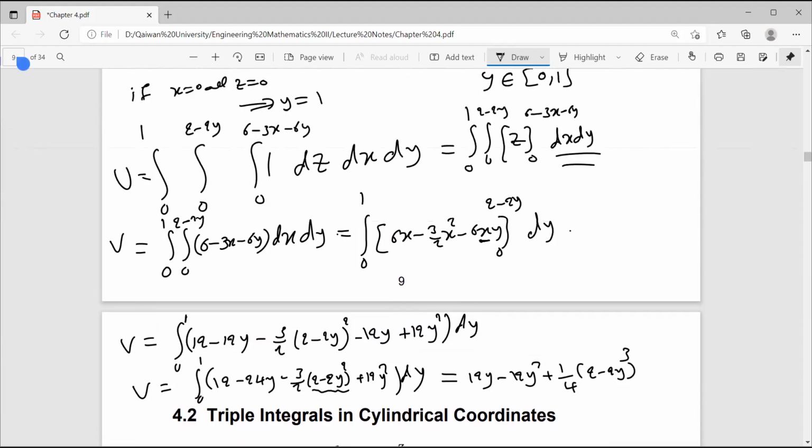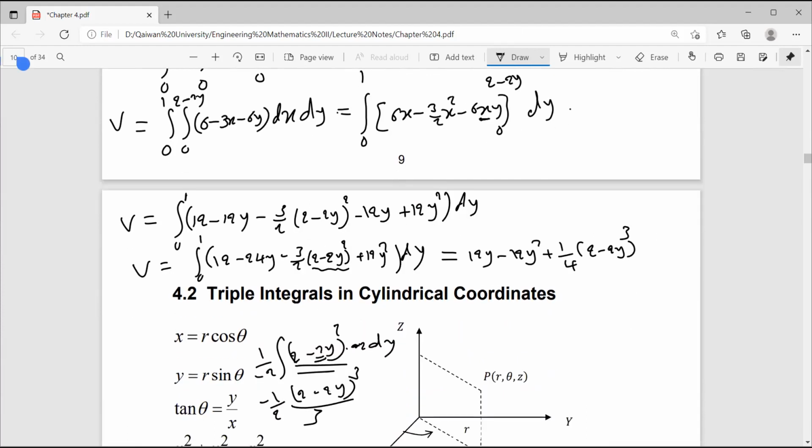And if you multiply 3 over 2 by this, what do we get? We get 1 over 4. Is it? 3 and 3 are cancelled out, and we get minus half multiplied by minus half is 1/4. 1 over 2 multiplied by minus 1 over 2, and here we have a negative sign also. It becomes positive.